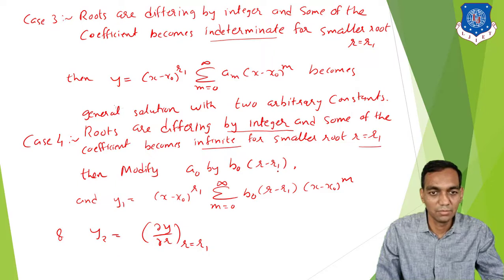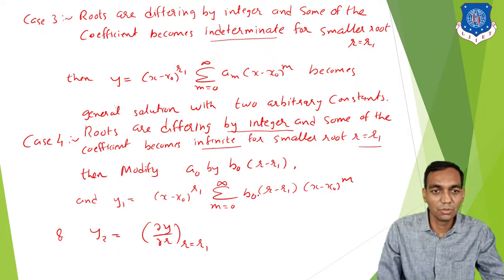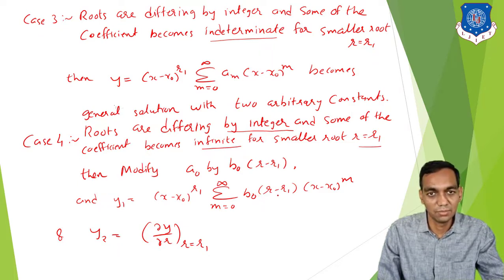you have to modify your a0 by b0 into r minus r1. Now, here I have written a in the form of a0, because your answer is going to be in the form of a0, and a0 will be replaced with b0 into r minus r1. That's why I have written it in this form, and whatever answer you get, all the am's are written in this form.